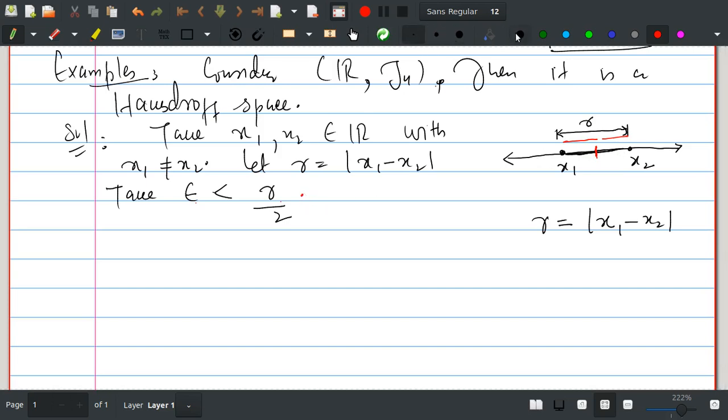Then we have x1 in the open interval x1 minus epsilon and x1 plus epsilon.